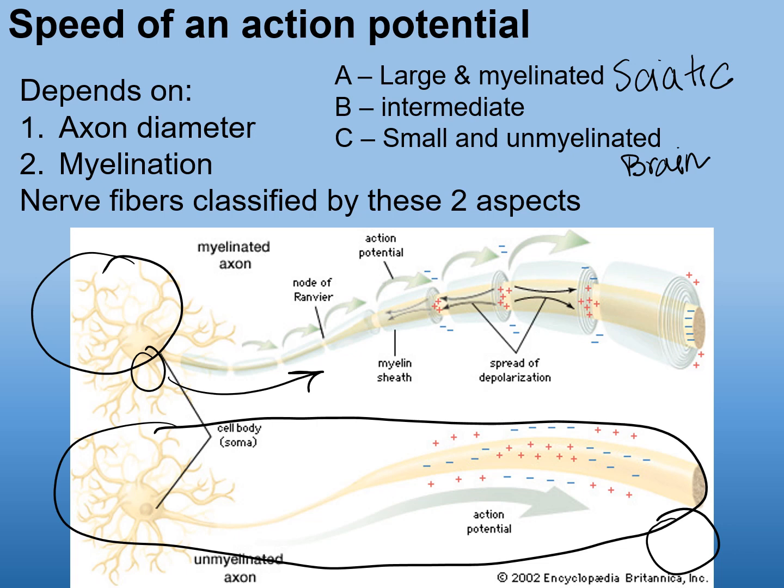Different drugs that work for Parkinson's and MS have different effects in neurons in the brain, which might be C, than they do on neurons in the body, which might be A. So to treat your brain and your body, you may need two different drugs. And again, that's just the difference in the environment in your peripheral nervous system, outside in your limbs, in the trunk of your body, and in your central nervous system, your brain and your spinal cord.